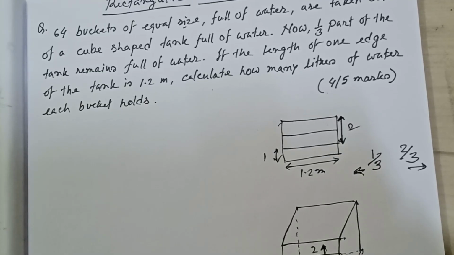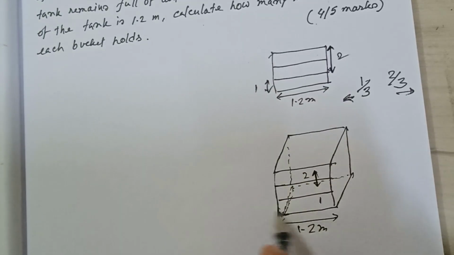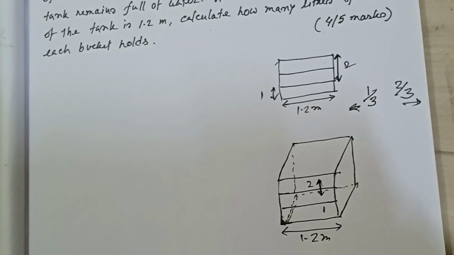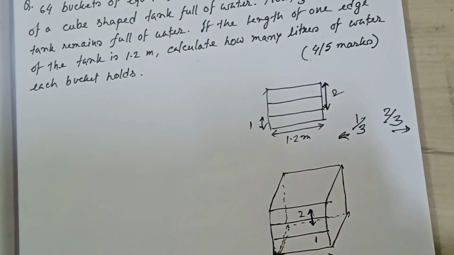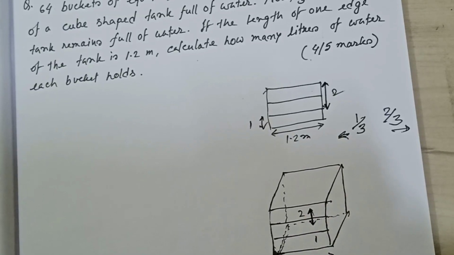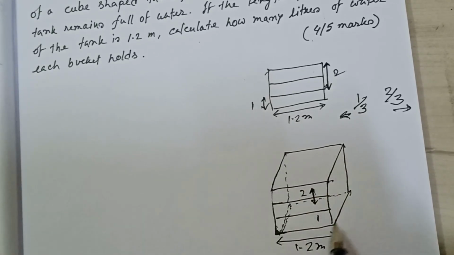Okay. So here first we have to find out how much water was held inside the tank. How many liters of water were held inside the tank? So how do we find out the total water held inside the cuboid? To find that, we have to find the volume of the cuboid.